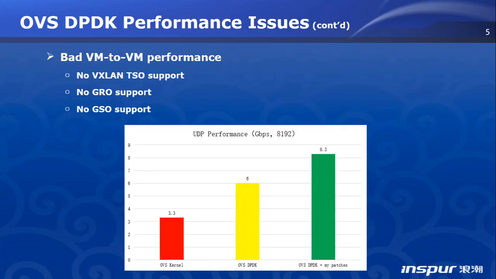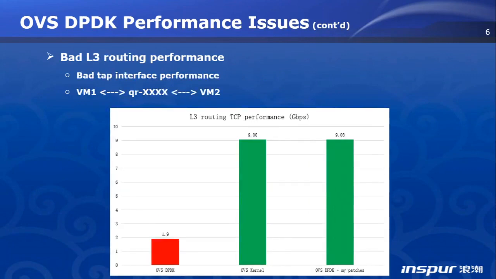For big UDP packets, the OVS-DPDK community version is better than OVS kernel, but it is still worse than our improvement patches. For VM-to-VM layer 3 routing performance, the OVS-DPDK community version is much worse than OVS kernel and our improvement patches because the tap interface in QRouter makes the result worse.